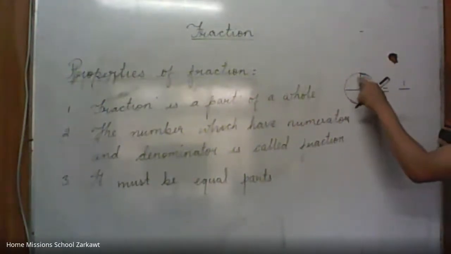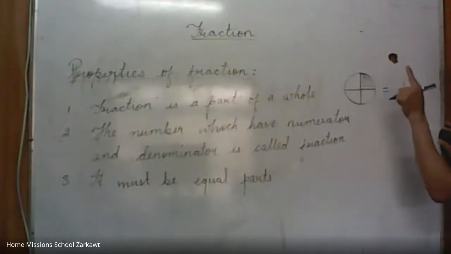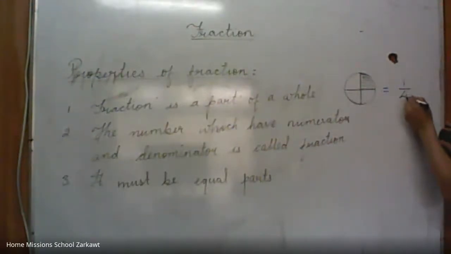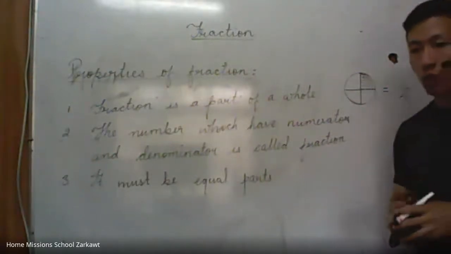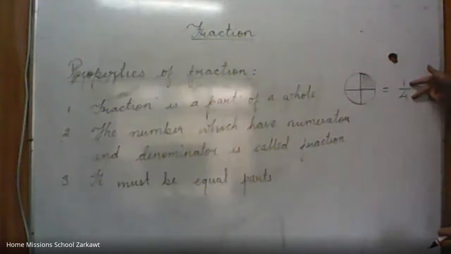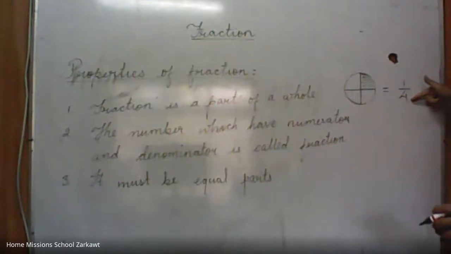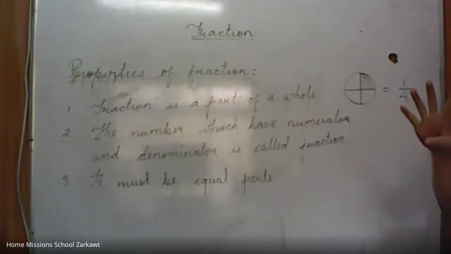Part 1, 2, 3, 4, total number of parts. Okay, and then which one is numerator? Numerator. Show me with your finger which one is numerator, 1 or 4.